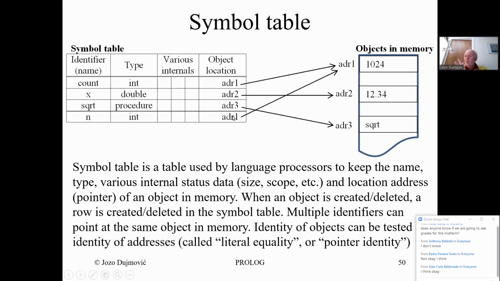This is very good news because an object can be an array that has 1 million components. So in languages like, for example, C++, when you are testing whether two objects are the same, you have to go through the content of these objects.